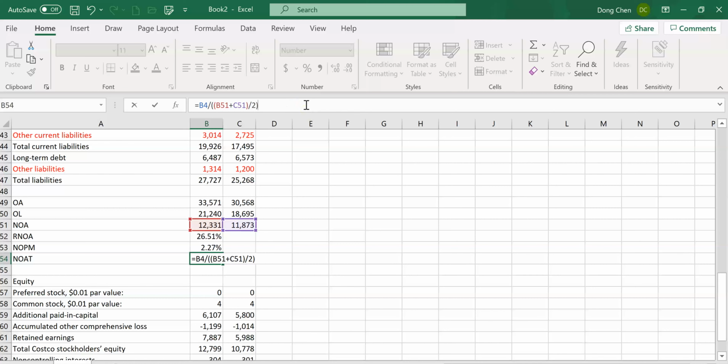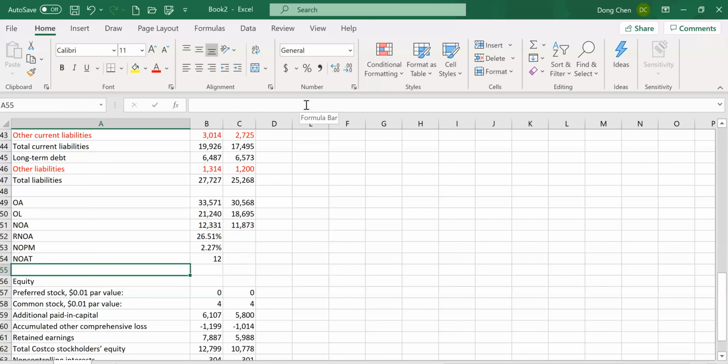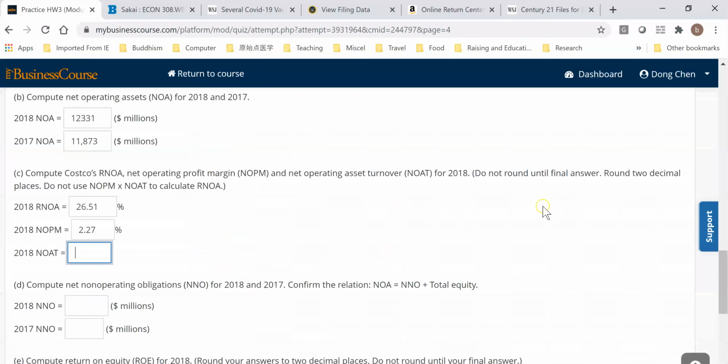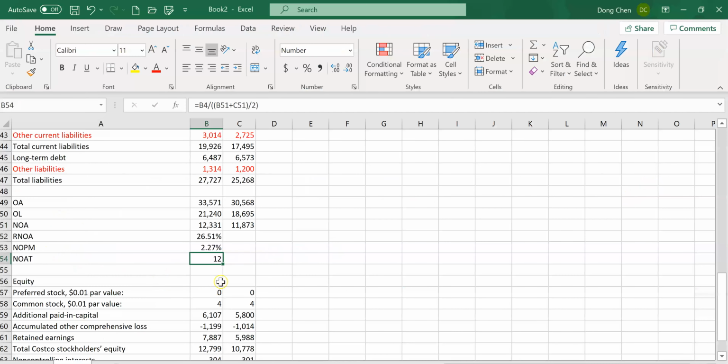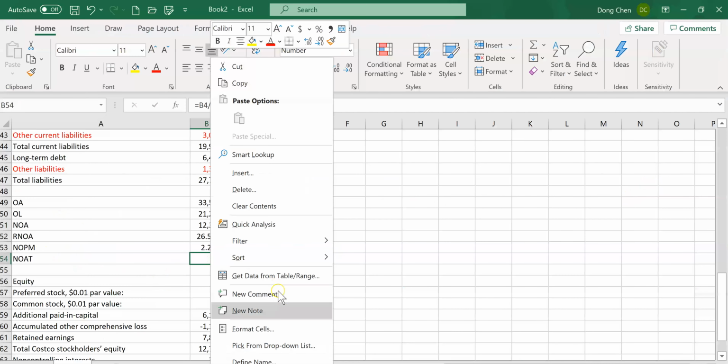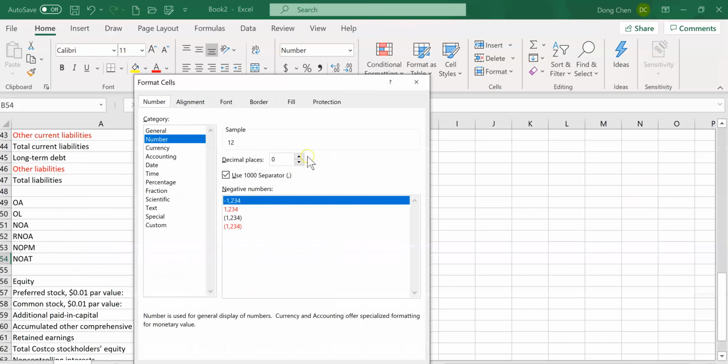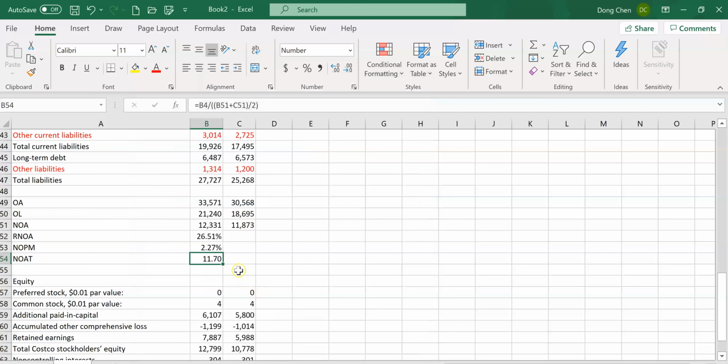So I just add another layer on the denominator, and then that should be the answer. We should also pay attention to the rounding requirement. Round to 2 decimal places. NOAT doesn't have the percentage sign, so I just keep two decimal places. This turns out to be 11.70.